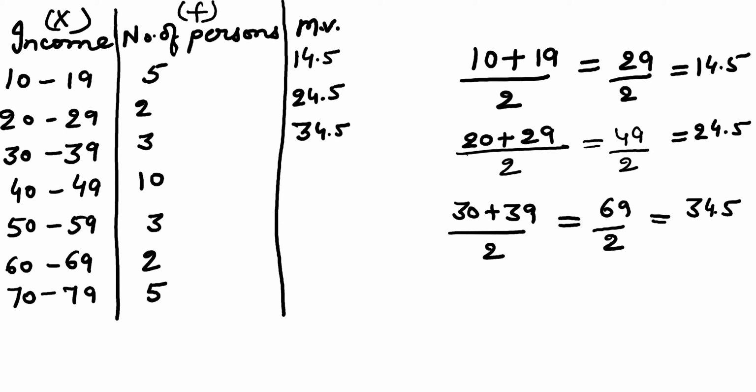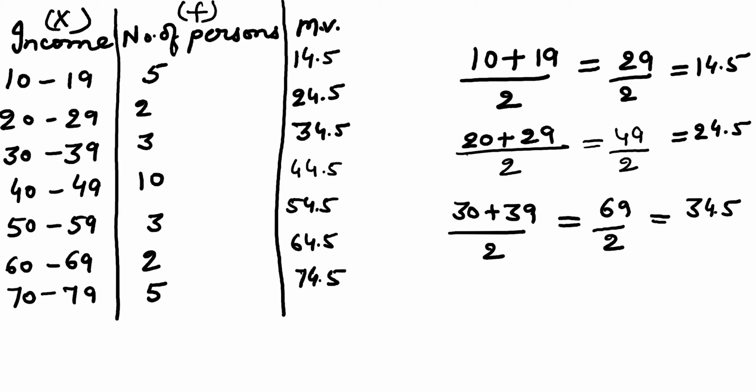If there is a gap of 10 in the class interval, then it will also be seen in the mid value column, that there will be a gap of 10 between different mid values. So likewise we can extend the mid values as 44.5, then 54.5, 64.5 and 74.5. You can only get this idea after practicing a lot of questions.